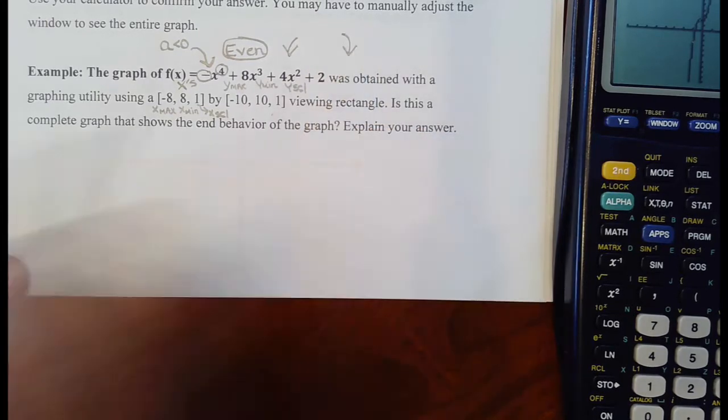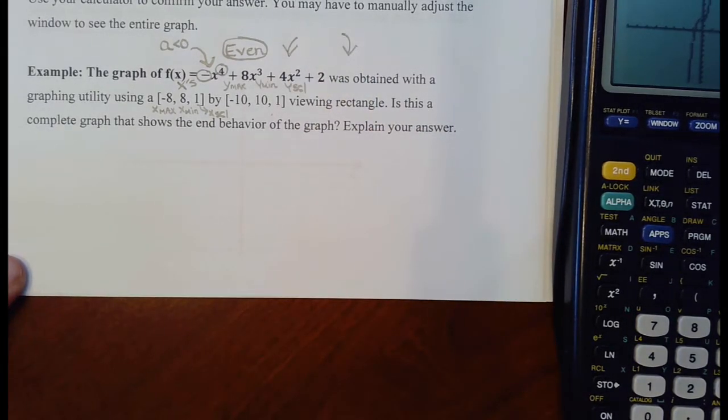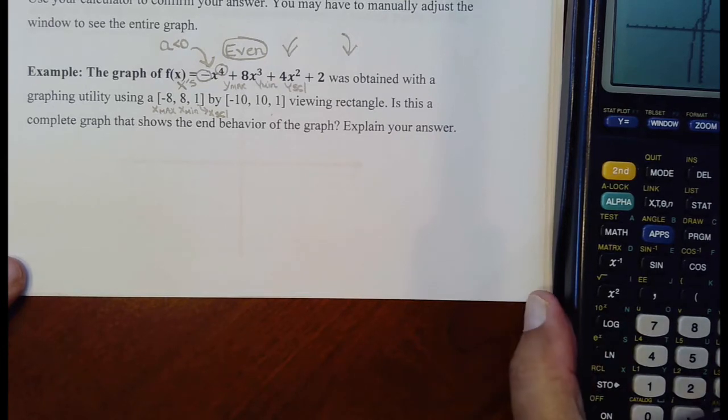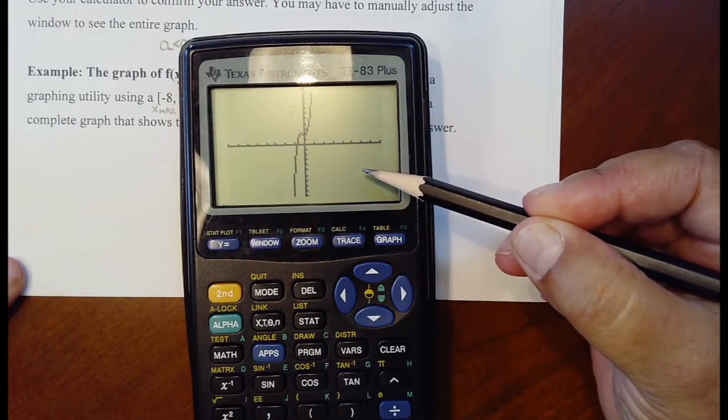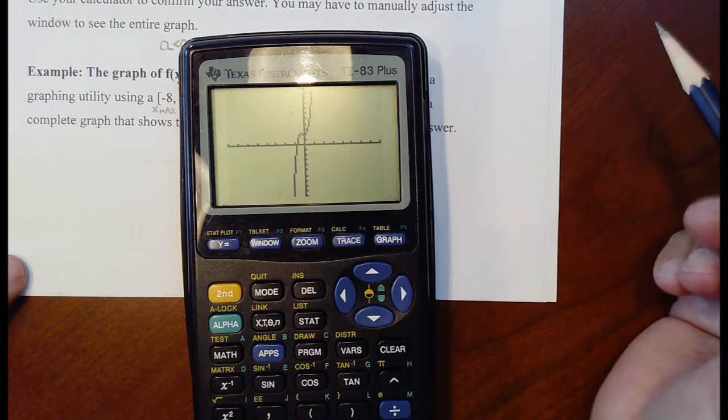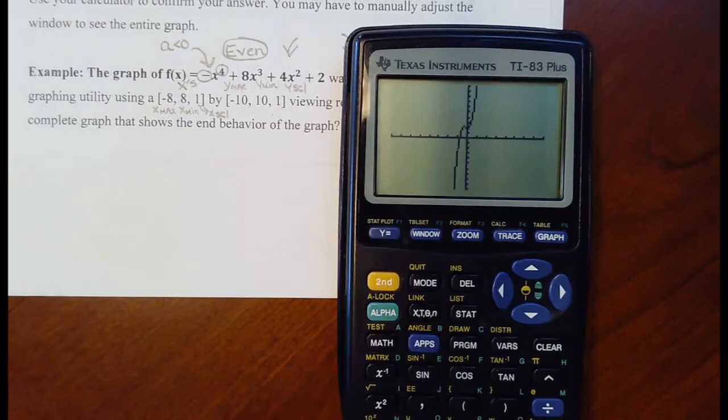So in order to try and get a complete graph, what you want to try and do is have the ability of messing around with the window. So let's try and adjust this window to see if maybe we can get a better graph for what's going on here.